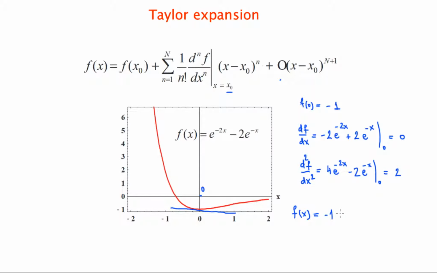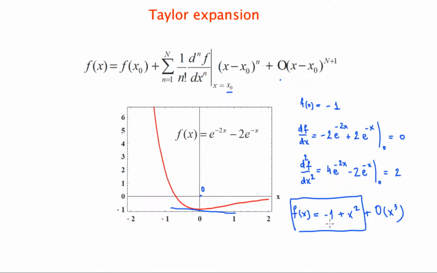It's 1 times x minus 0 to the second, which is plus x squared. And the error in this case is going to go as the third power of x. So that's going to be the approximation.